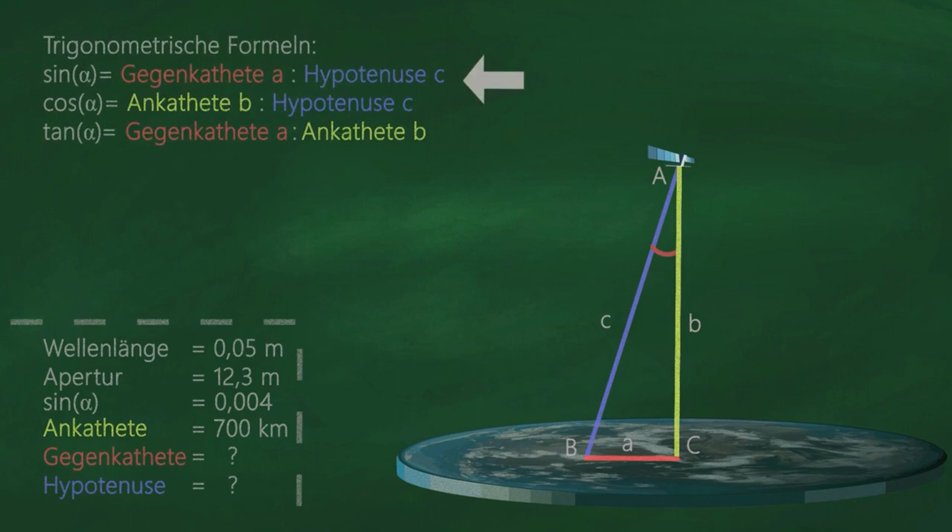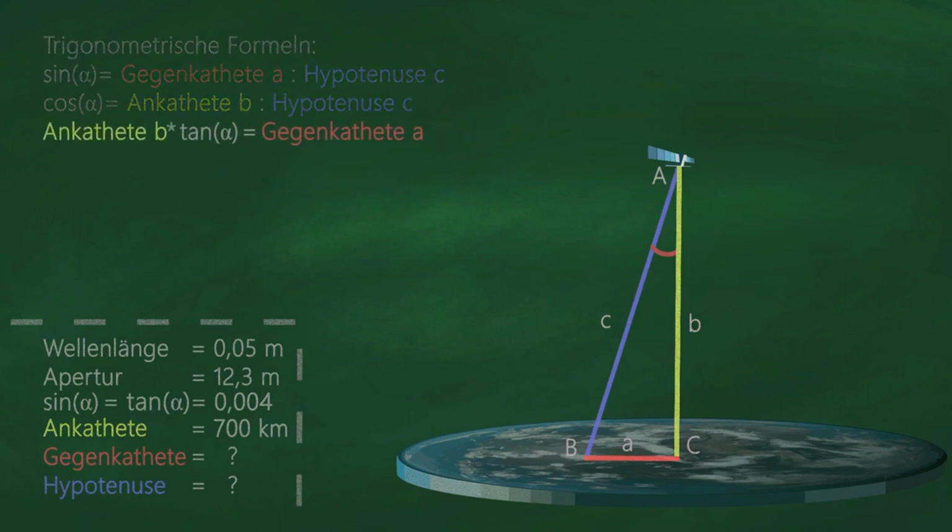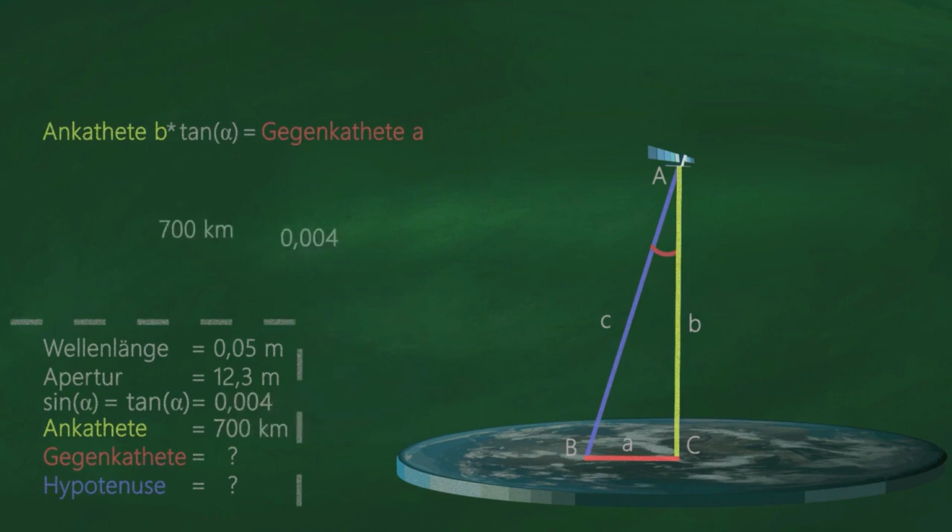Fortunately, for very small angles, the sine is equivalent to the tangent. So if we set the sine equal to the tangent of alpha, we can use the formula for calculating the tangent. A quick rearrangement of this equation, and we can already calculate the opposite side, lowercase a. 0.004 multiplied by the adjacent side of 700 kilometers results in 2.8 km.